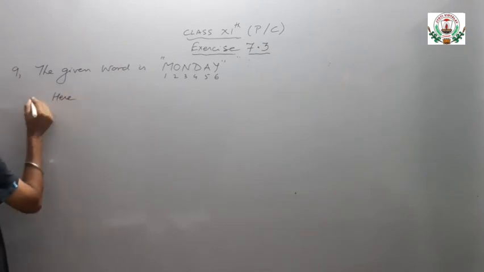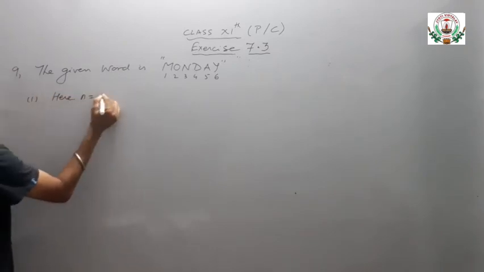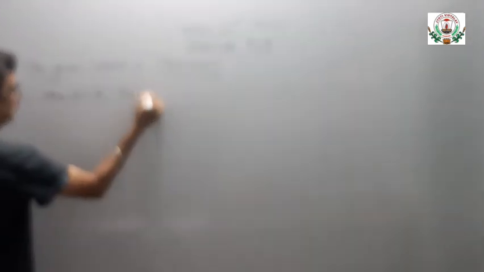In the first case here n is equal to 6 and we have to take 4 letters at a time, so r equals 4.